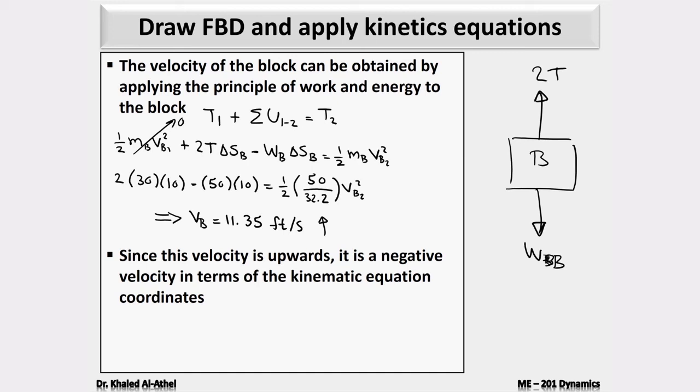So now, I want to relate the velocity of the motor to the block. We have the relation, remember that Vm equals minus 2 Vb. This should equal minus 2 times. Now, if you put 11.35, it's wrong because it is negative in that equation.